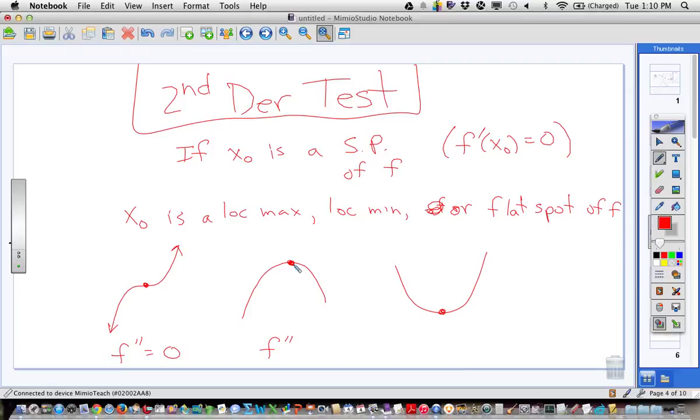f double prime, remember, is the concavity. What is the concavity here? Wait, this is f, by the way. This row right here is f.